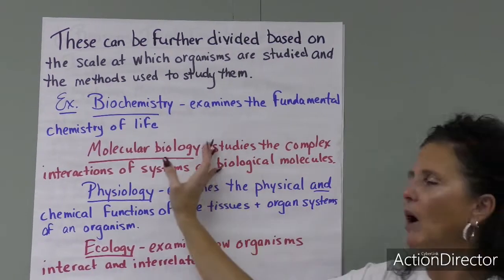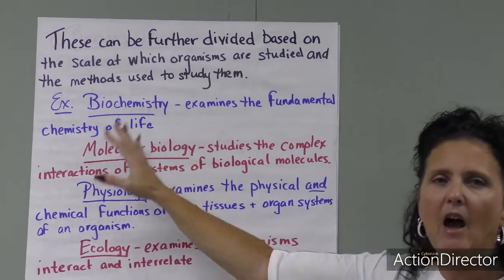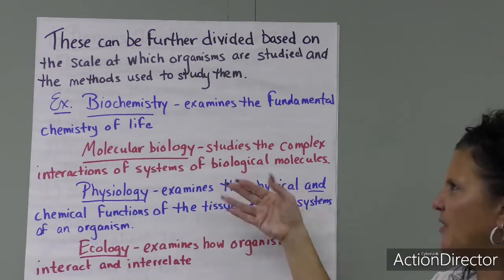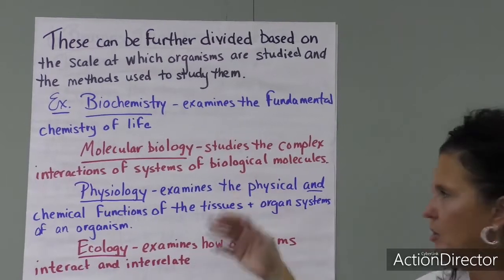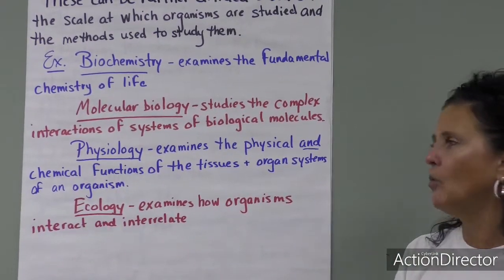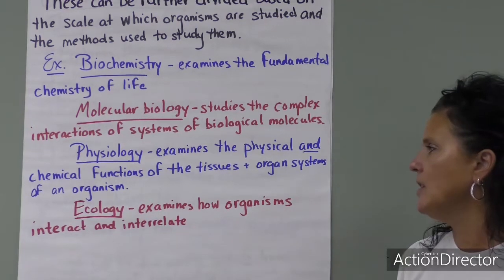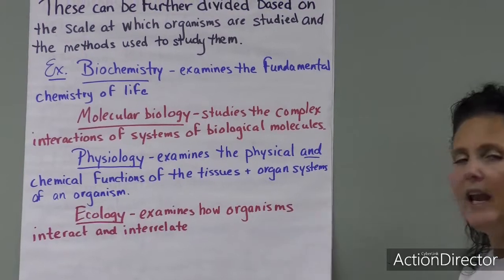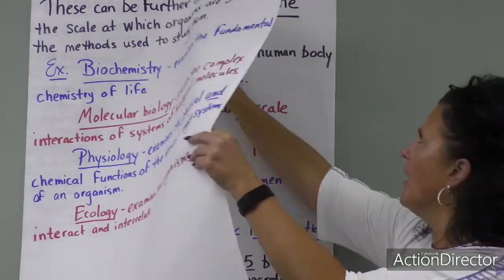You could get into the biology of enzymes and how enzymes drive reactions and how they lower activation energies, different things like that, but that's molecular biology. Physiology examines the physical and chemical functions of tissues and organ systems, and ecology examines how organisms interact and interrelate within certain areas. They have to be close to each other, right?